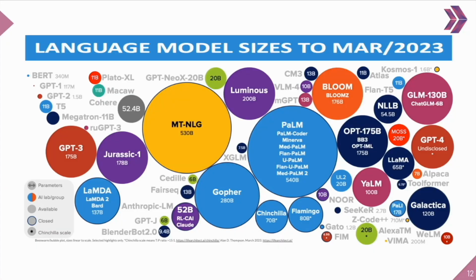Okay, let's look at some of them. Here on this map, you can see different large language model names: GPT-3, LaMDA, Jurassic, PaLM, BLOOM, GPT-4, YaLM, Galactica, etc. For example, in Galactica, there are 120 billion parameters.